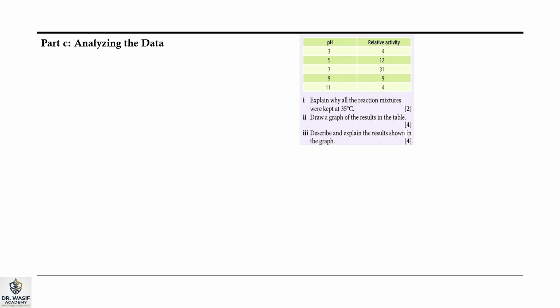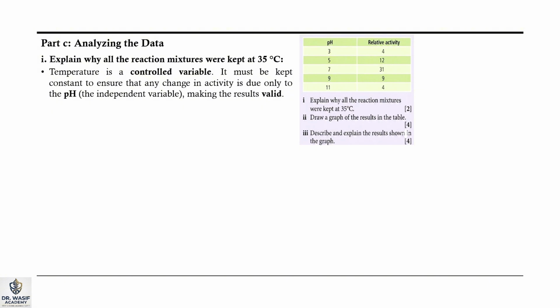And here is the table. This is about pH and relative activity, and there are three questions also. The first question is explain why all the reaction mixtures were kept at 35 degrees Celsius.